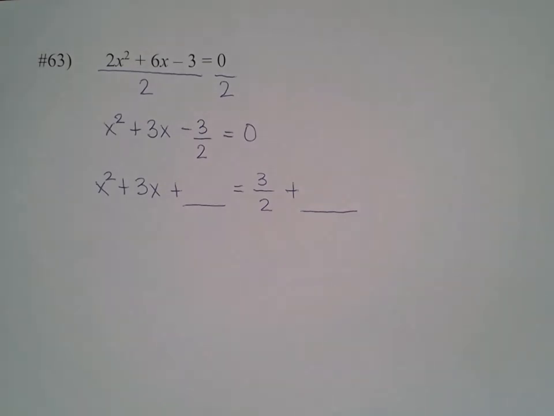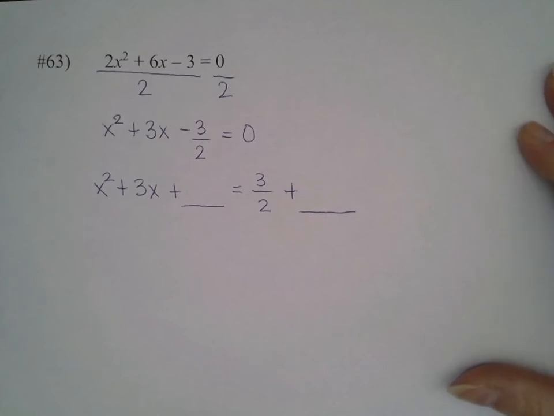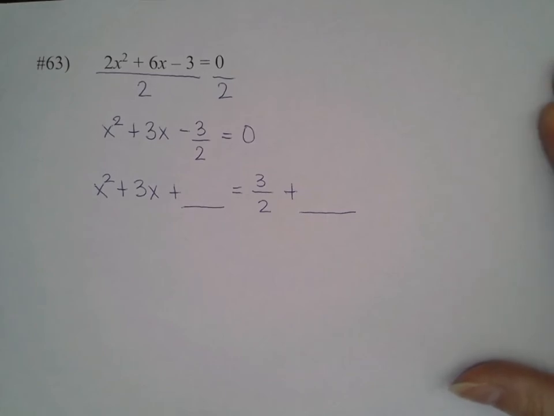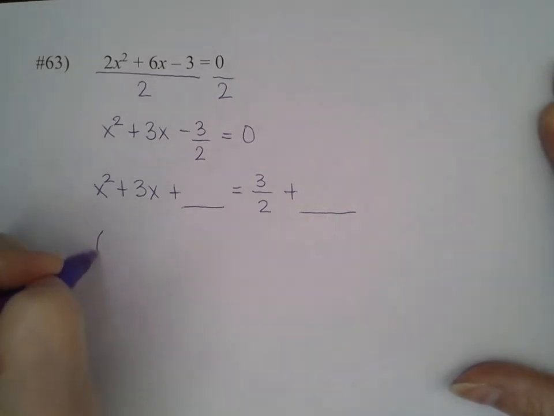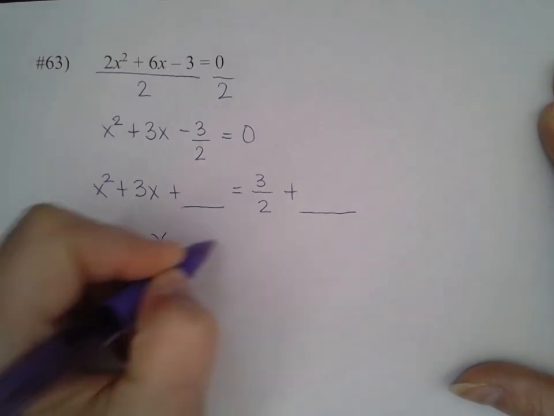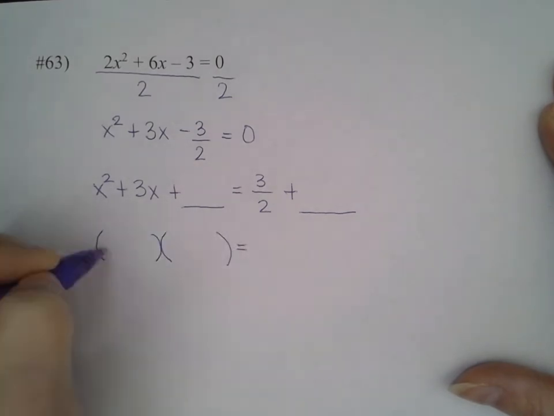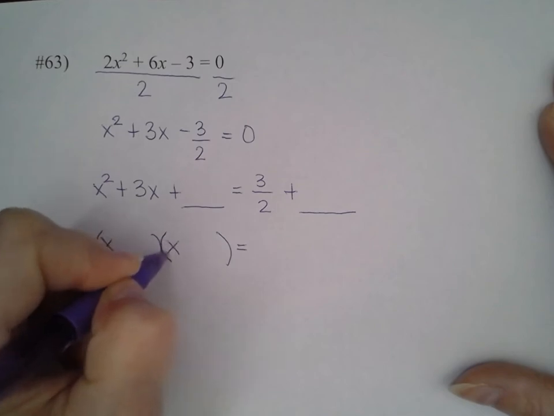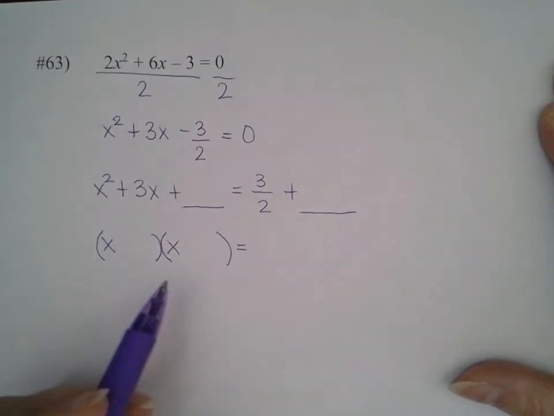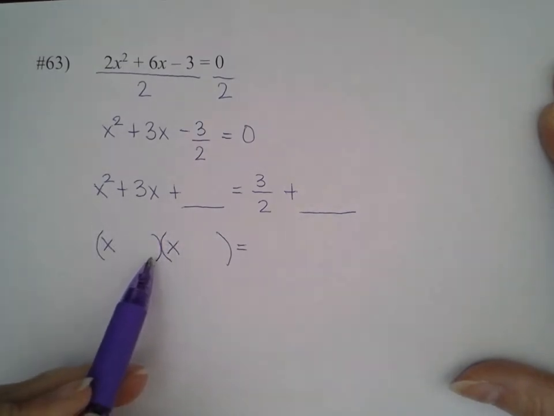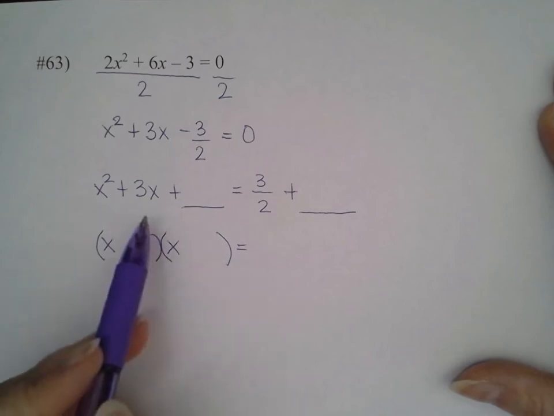Okay, and the same thing's true here. We can either use the factoring or the shortcut, whichever you prefer. So if I look ahead to the factoring, I need 2 equal numbers that add up to 3.